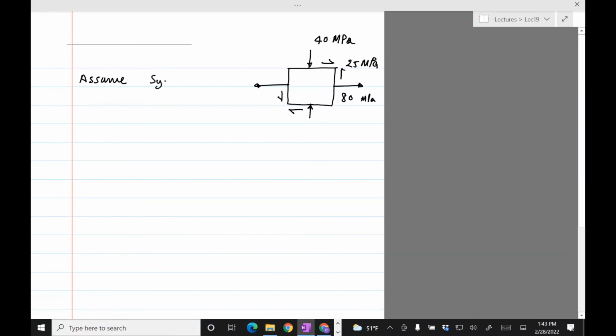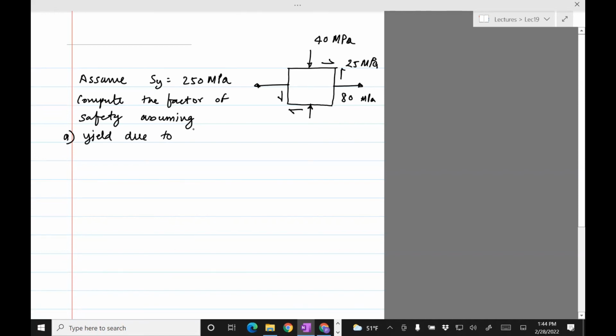So assume Sy equals 250 MPa. Okay. Compute the factor of safety assuming yield due to von Mises.